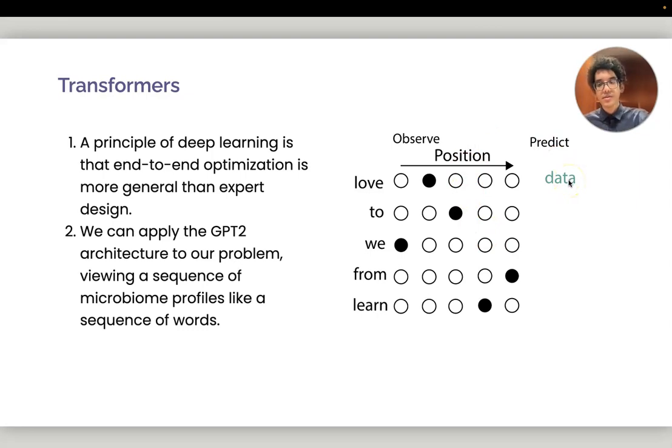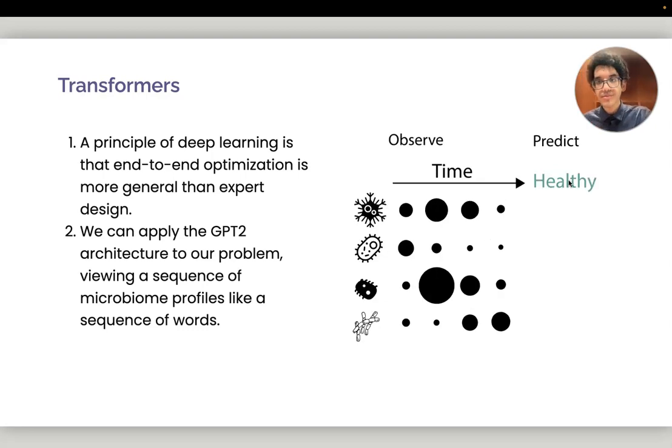So that's how prediction works for ordinary text. But you can think of this microbiome example that I just showed as being analogous, where instead of having words, I have bacteria species, and I have the amounts of them over time. So it's not just words over the sequence, it's species over time. And at the end, you're trying to compress all of these abundance profiles into a prediction of whether they're healthy or diseased. So you can apply the exact same architecture to this problem.